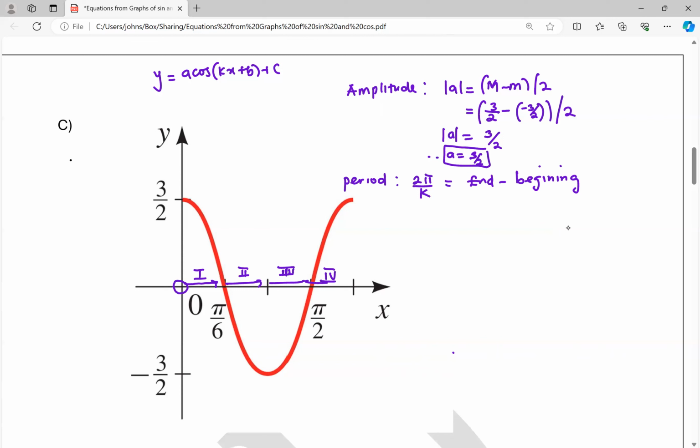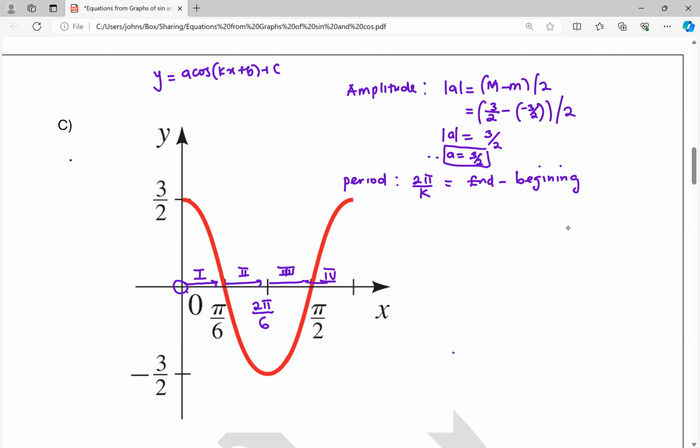Okay, so now the first interval is from 0 to pi over 6. Since it's from 0 to pi over 6, the distance is pi over 6. So if you want to get this point, just add pi over 6 to pi over 6, which will be 2 pi over 6, right?